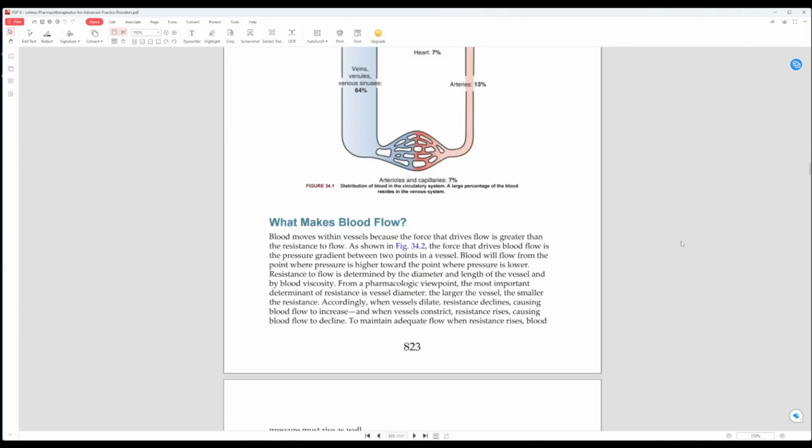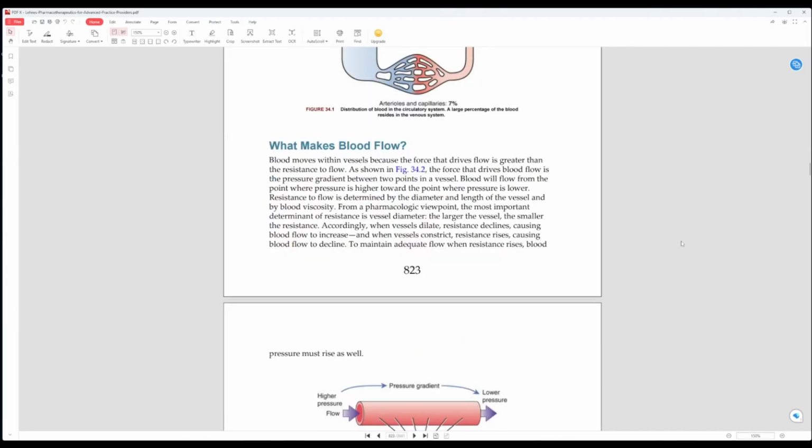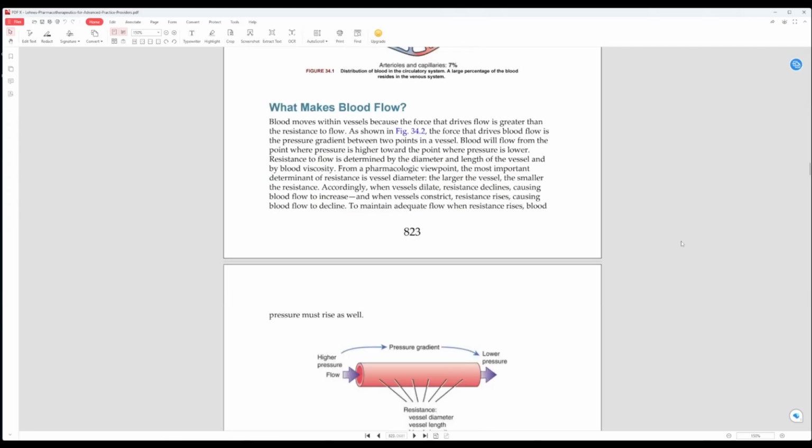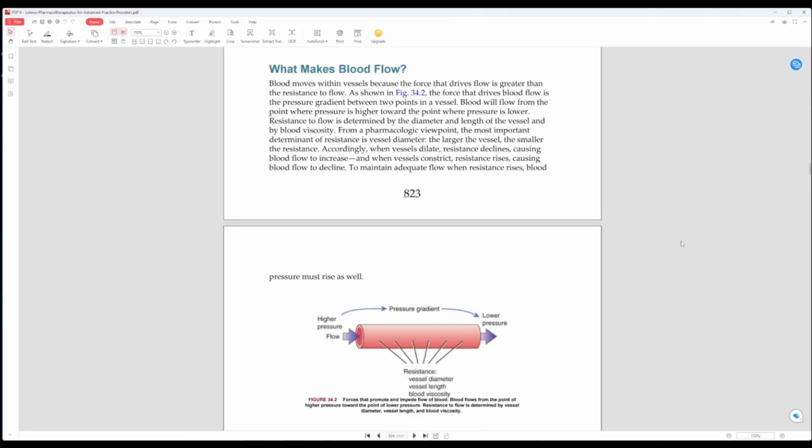So what makes blood flow? Blood moves within the vessels because the forces that drive flow are greater than the resistance to flow, as shown in figure 34.2. The force that drives blood flow is the pressure gradient between 2 points in a vessel. Blood will flow from the point where pressure is higher toward the point where the pressure is lower. Resistance to flow is determined by the diameter and the length of the vessel and blood viscosity.